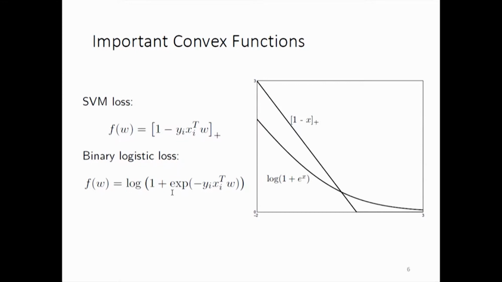W transpose xi is the score and yi is the sign, and for the classification to be correct, yi times W transpose xi should be positive, right? If it goes toward the negative side, you start getting more and more loss.